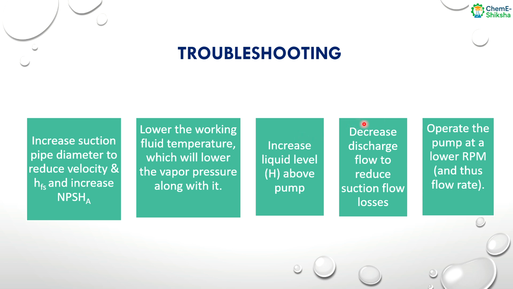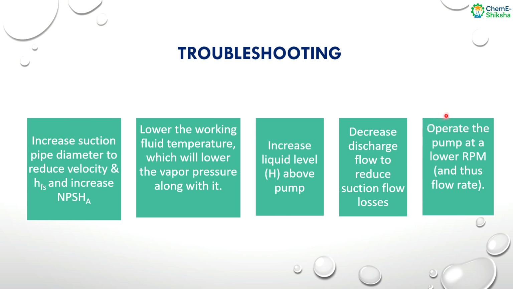Another point is to decrease the discharge flow to reduce the suction flow losses. If we decrease the discharge flow, automatically the suction flow is decreased. That means the velocity at the suction is decreased, so the frictional head loss at the suction is decreased. That means at suction your head is increased, that is NPSH available is increased.